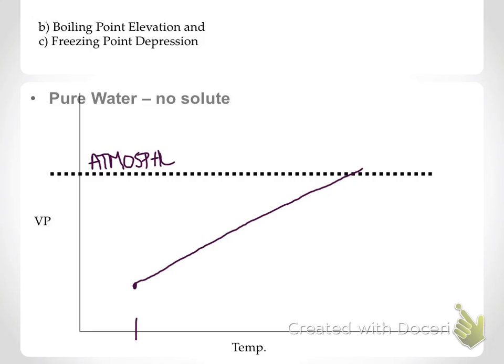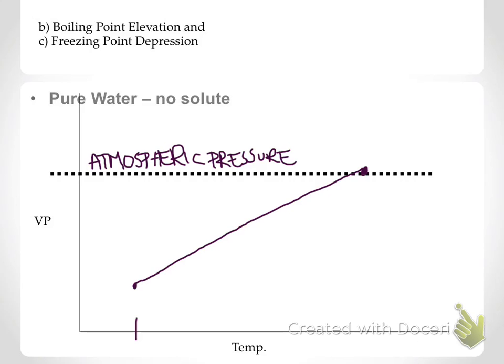So this is pure water with nothing dissolved in it. So this line right here is atmospheric pressure. When we get to that point where it intersects atmospheric pressure, that is the boiling point.